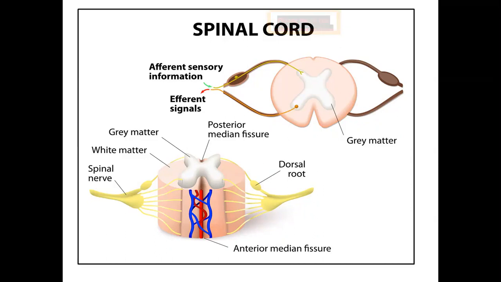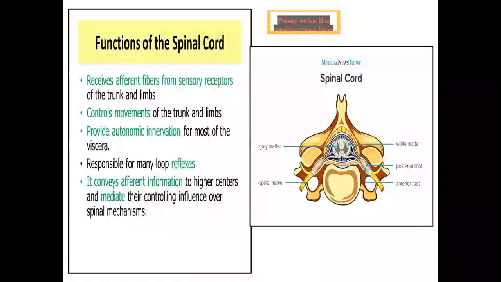Then after interpreting that, it is sending the nerve impulse or information or the direction to the respective organs and glands of our body so that they can work accordingly and our body can maintain a homeostasis. So this is being instructed.